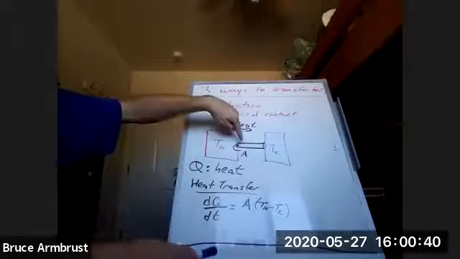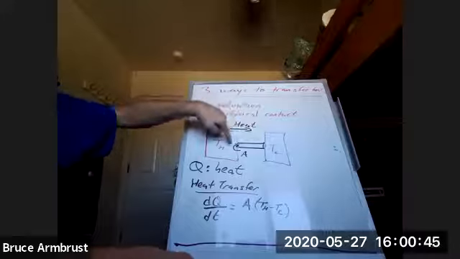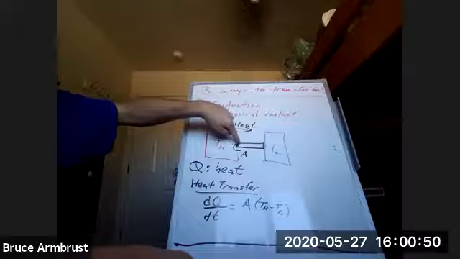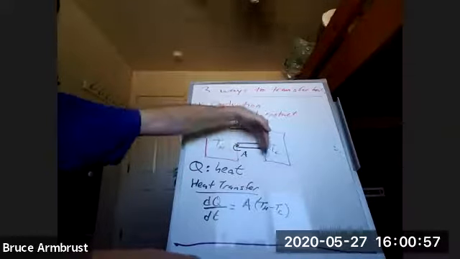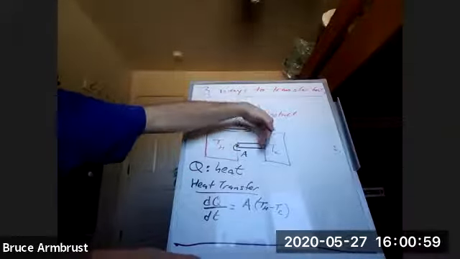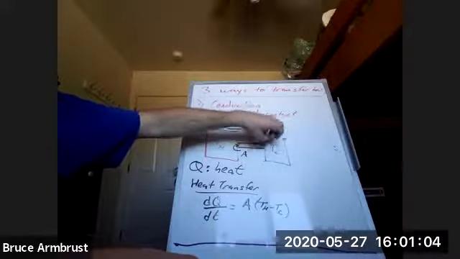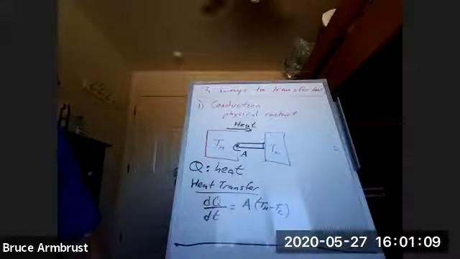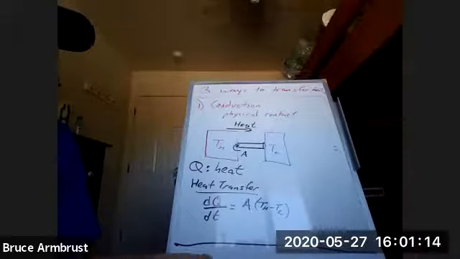Really think about what's happening here. If this is just a rod of copper, the elements in the hot reservoir start bouncing into the elements here. They then bounce into the next, and the next, and the next, a domino effect. And then eventually the ones down here start interacting with the ones in the cold reservoir and start raising its temperature. So the area makes sense: the greater the cross-sectional area, the faster the heat transfer will happen.